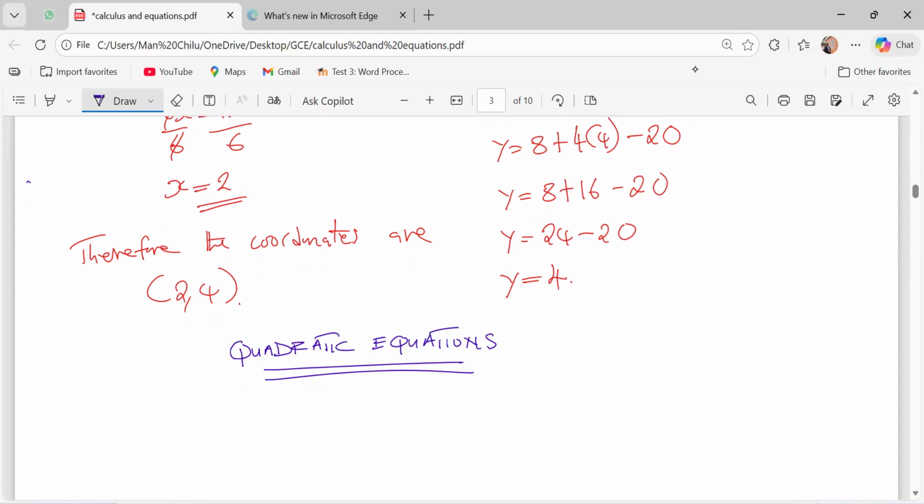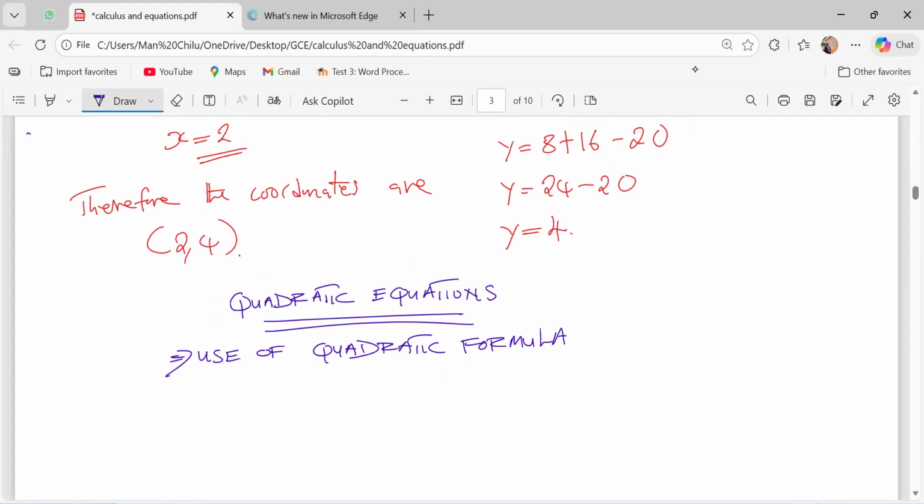So the first one, by the use of the quadratic formula, solve for x.